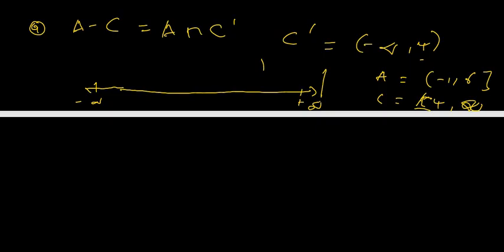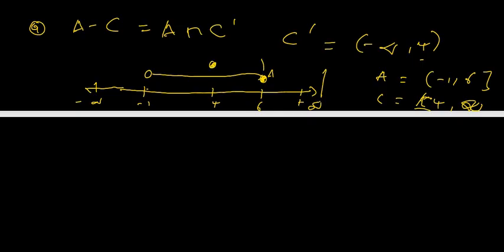Then A is from -1, so we can put -1 here, we can also put 4 here, and 6 here. So A is from -1, which is not included, to 6, which is included. Then C is from 4, which is included, all the way to positive infinity.